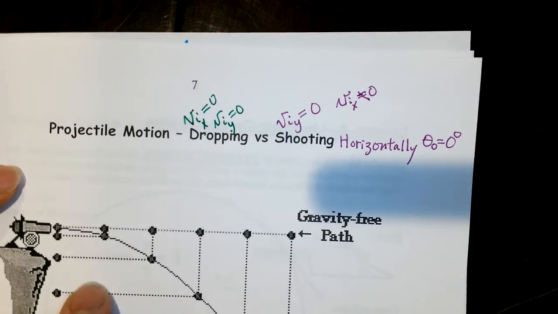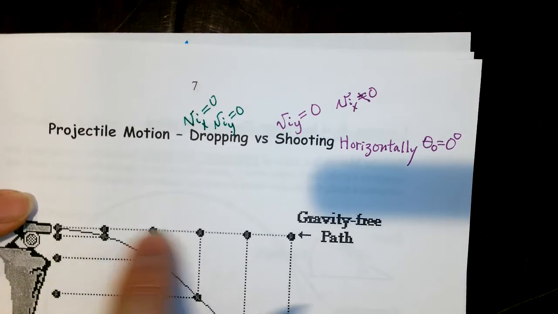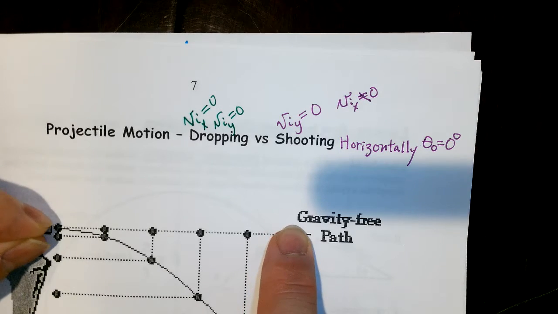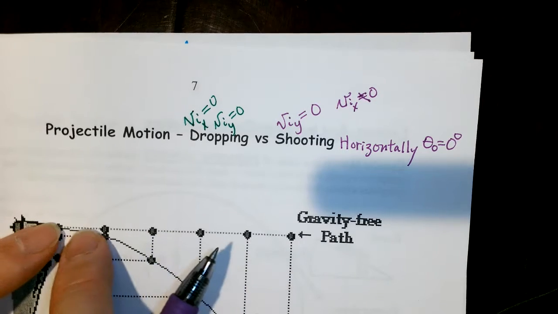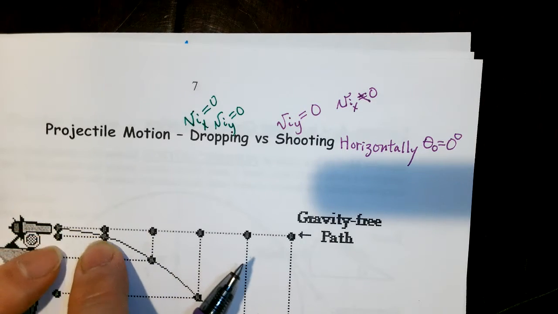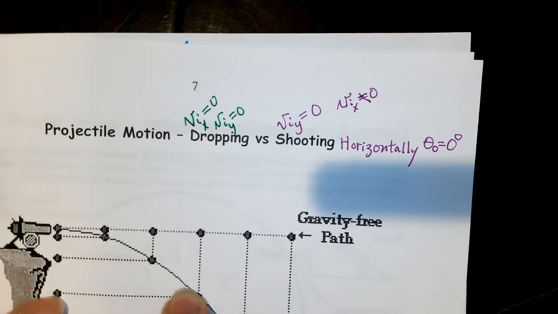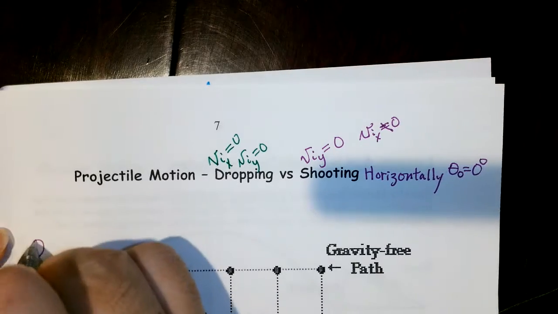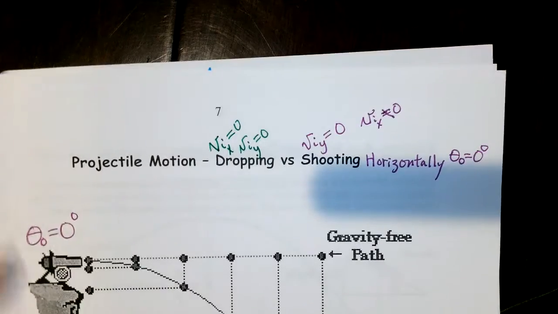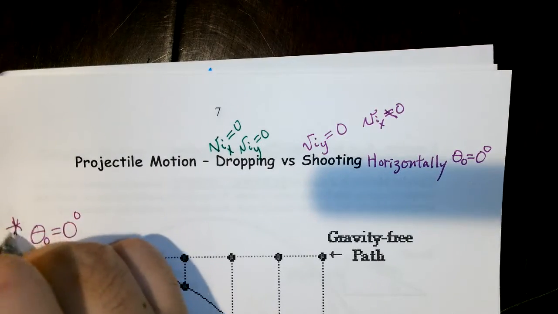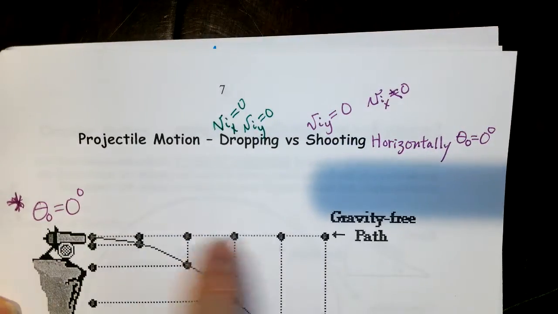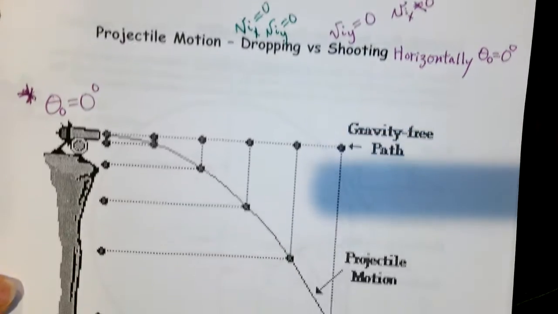So when you shoot this thing horizontally and drop something exactly at the same height, they will both be influenced by gravity exactly the same vertically, so they would actually fall at exactly the same rate. Okay? So this is very important that it has to be shot perfectly horizontal at 0 degrees.